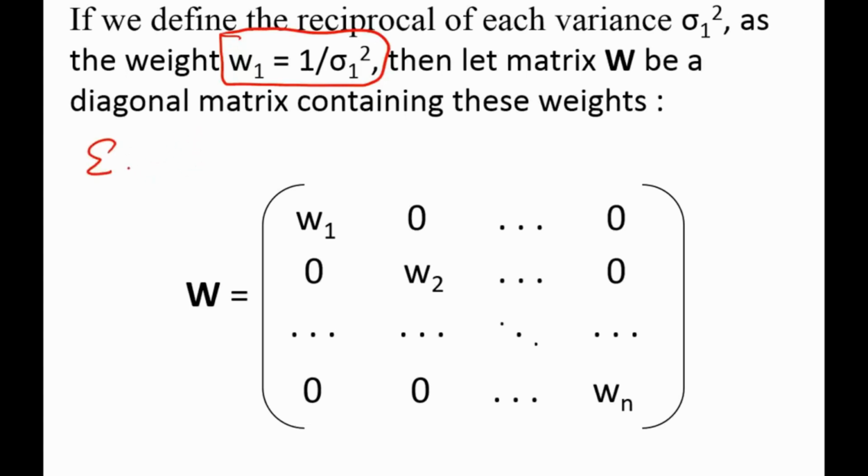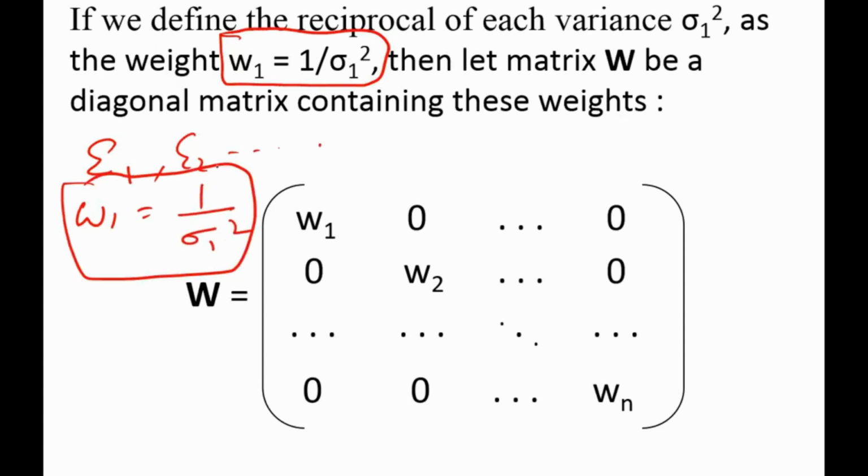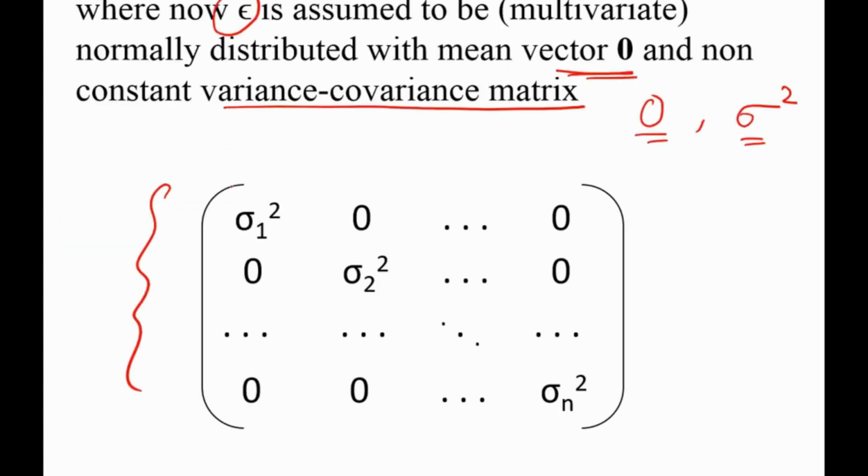And it differs, like you have error 1, error 2, and so on, right? So we define weight 1 as 1 by sigma 1 square. Sigma is what we have defined here, right? This is sigma 2, and so on. So this is nothing but the variance of the error terms, right? The covariances, of course, are all 0 for the errors.